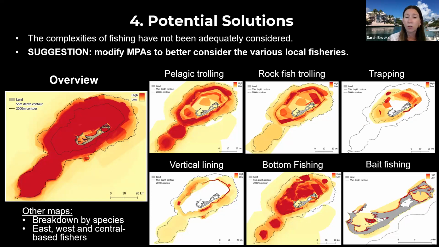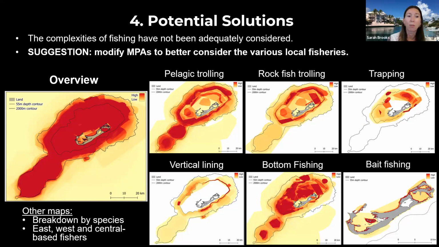And when you look at the results together, so the graph, the map on the left, you can see that the results actually look quite similar to the original survey. It shows that all of the platform is utilized in some way, but the main difference here is that now we are much better able to split this heat map up to see all the different types of fishing. And you can see just some of the maps on the right-hand side of the screen.